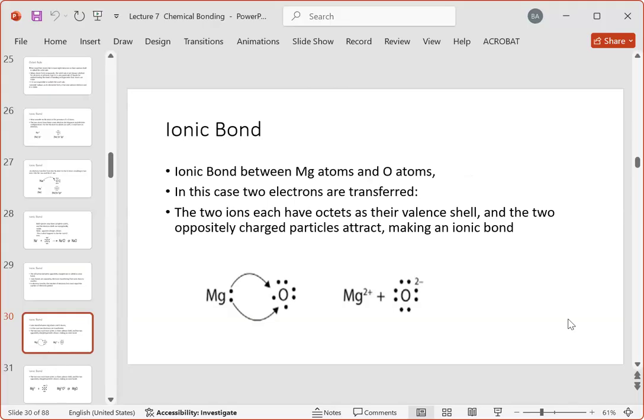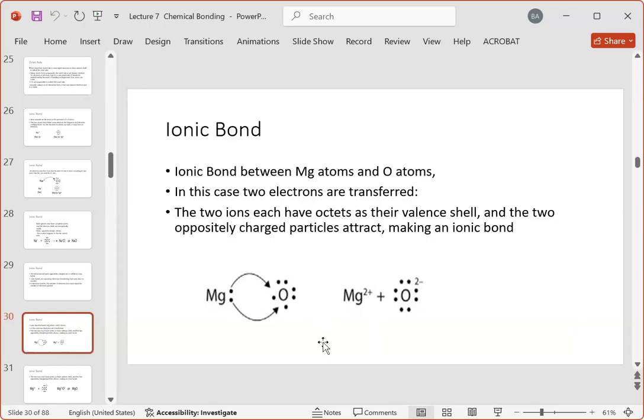So the magnesium, in the presence of oxygen, donates its electrons to oxygen so the oxygen will have 8 electrons. Once it has donated, the magnesium becomes positively charged, and the oxygen becomes negatively charged.